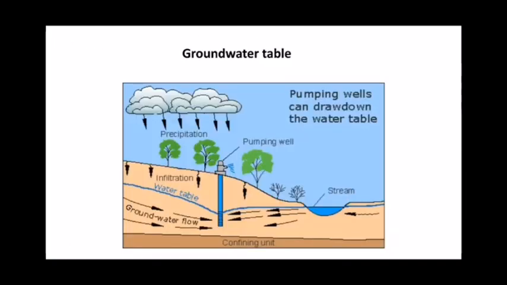Next is the groundwater table. So children, the upper surface of the water collected below the ground is called the water table. Factors like seasons, porosity of rocks, that is, how much the rocks can absorb, amount of rainfall, etc., affect the level of the water table. The water table is closer to the ground during rainy seasons, while it is deeper in the summers.